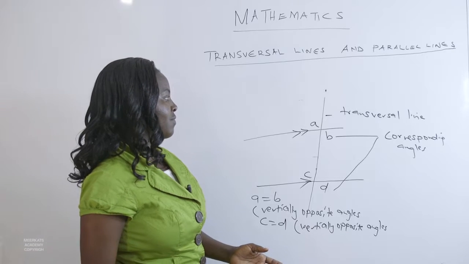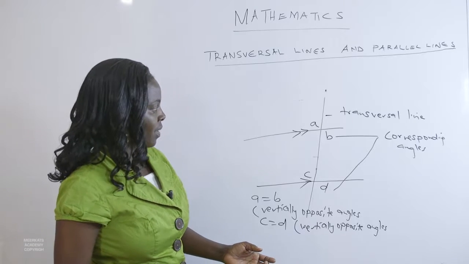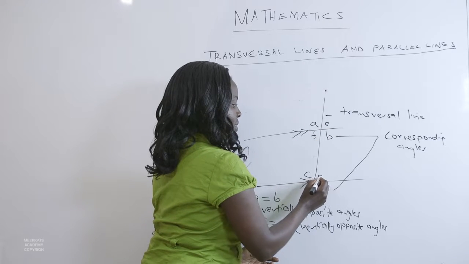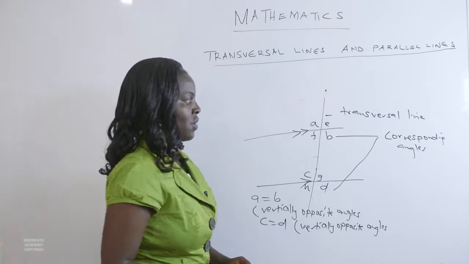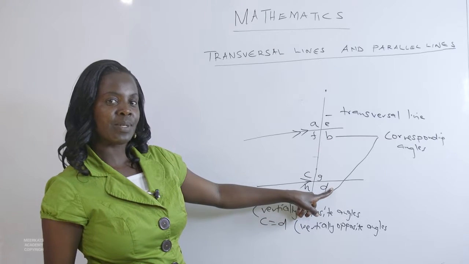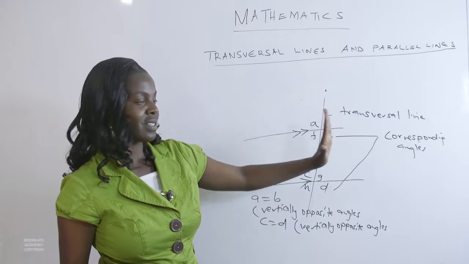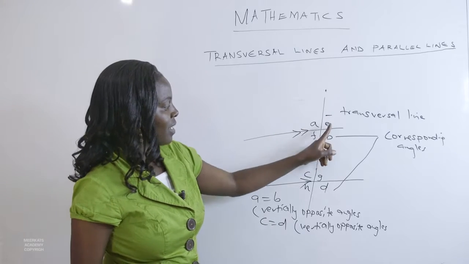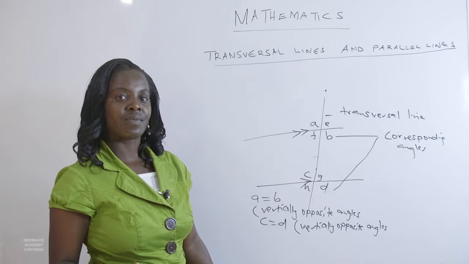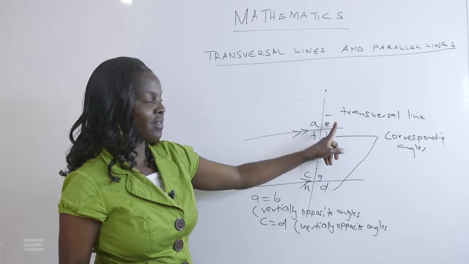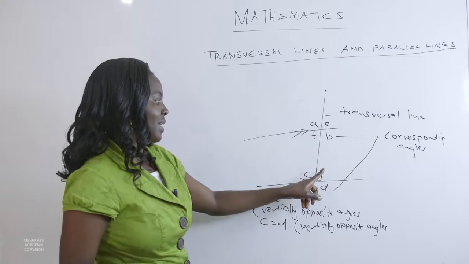We also have, if we call this one E, F, G, H. So B and D are corresponding angles. They are on the same side of the transversal line. We also have E, G. These two angles are also corresponding. They are on the same side of the transversal line.